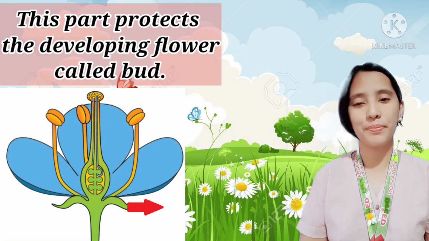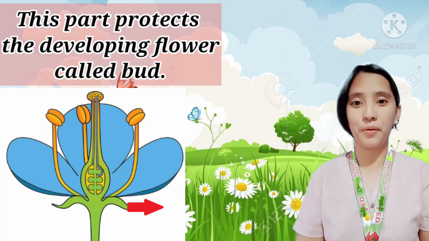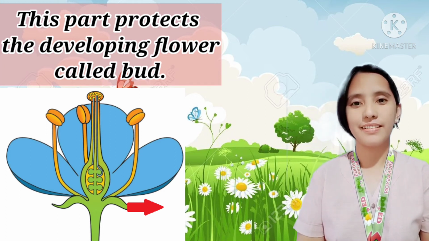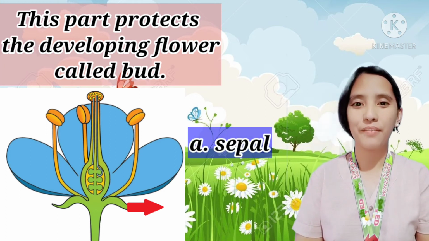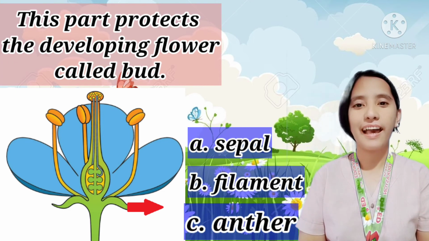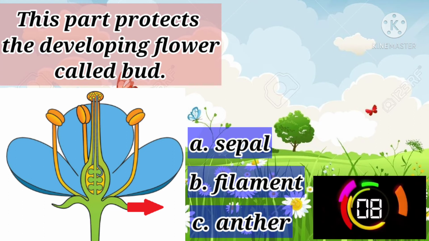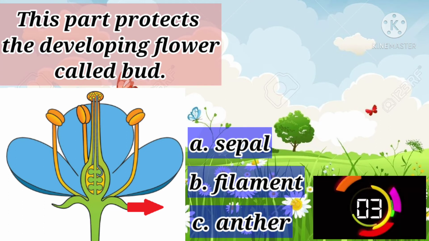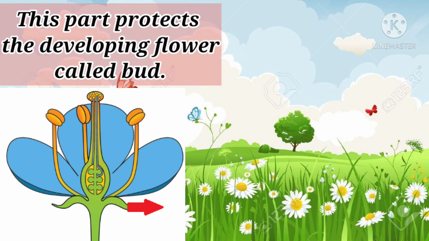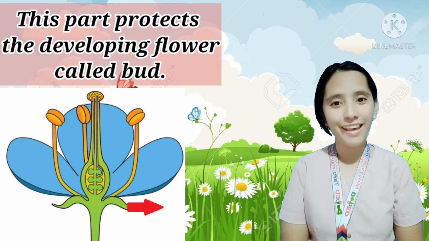This part protects the developing flower called bud. A. Sepal, B. Filament, C. Anther. Yes, that's correct.